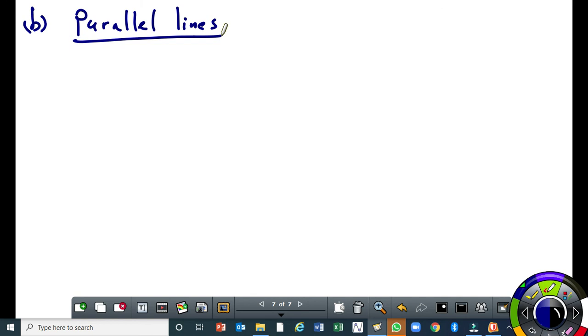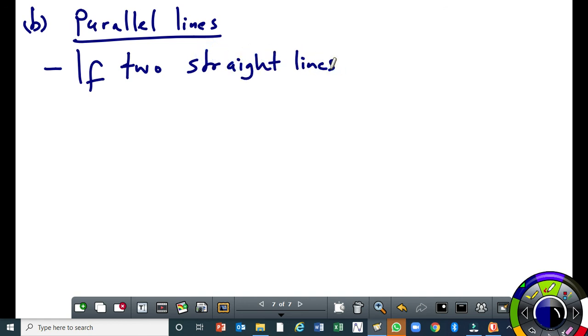If two straight lines are parallel, it means that their gradients are equal.